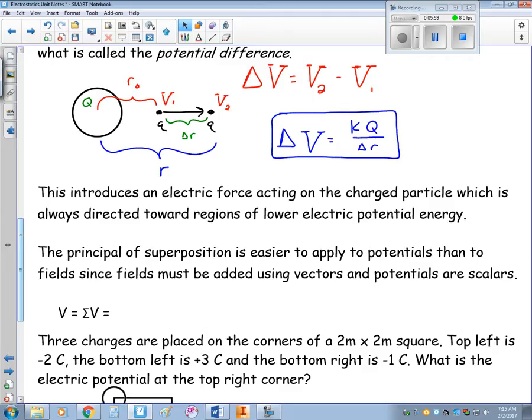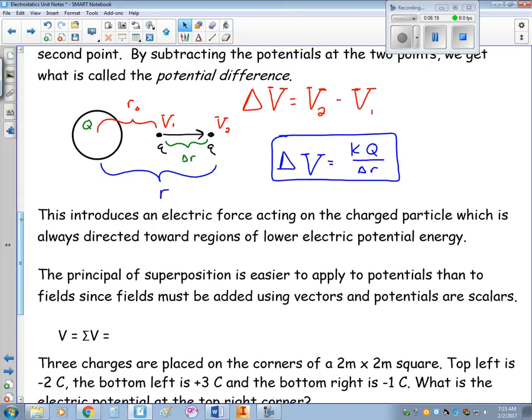Now this is going to introduce an electric force acting on a charged particle. And the force is always directed toward regions of lower electric potential energy. So if I were to think about this, let's say that this Q is a positive charge and this test charge is positive as well.